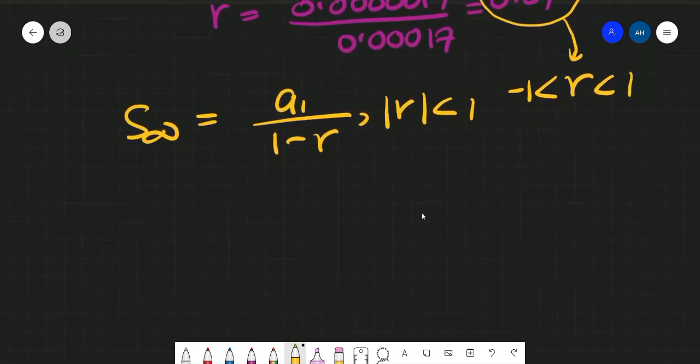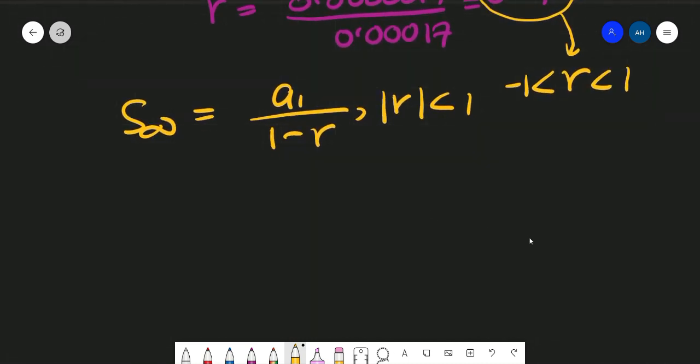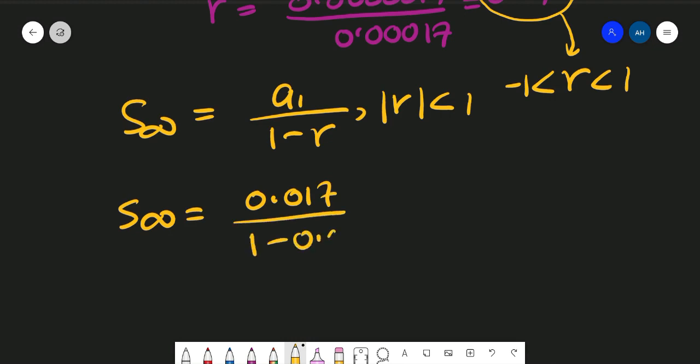So now let us use this formula to find S infinity. S infinity equals a1, which is 0.017, divided by 1 minus r, 1 minus 0.01. Let's simplify this.